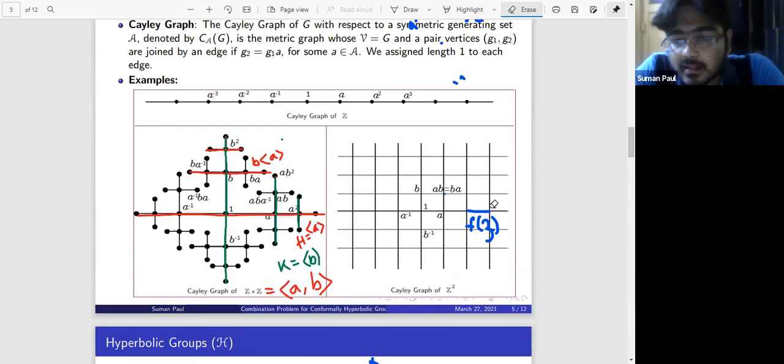See that if I take this geodesic ray and this geodesic ray, they will correspond to some boundary points, right? So this corresponds to some boundary point in the Floyd boundary, and this corresponds to some boundary point in the Floyd boundary.